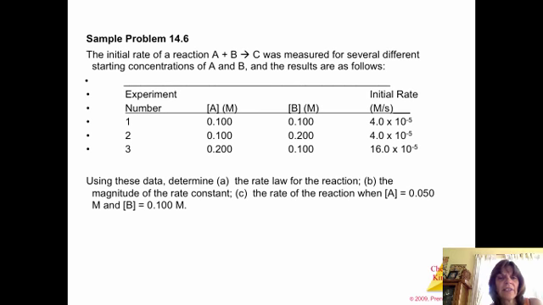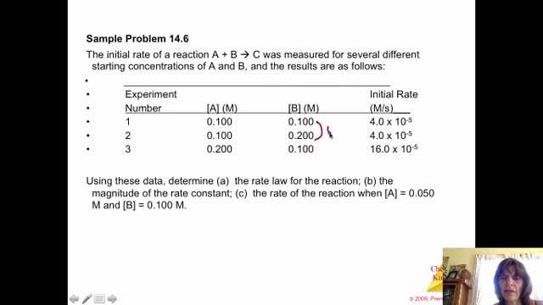All right, let's look over this sample problem where we look at some data to try to determine the rate law and the rate constant of the reaction. So in this we have A plus B yields C. And we have 3 different experiments where the concentrations are changed to give you different rates. So in experiment 1, 0.1 molar plus 0.1 molar gives you a certain rate. Second experiment, A has been held constant and B has been doubled.